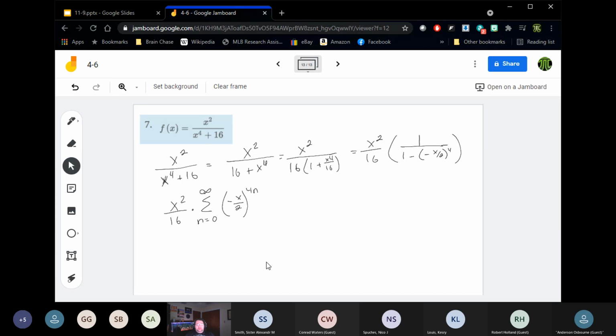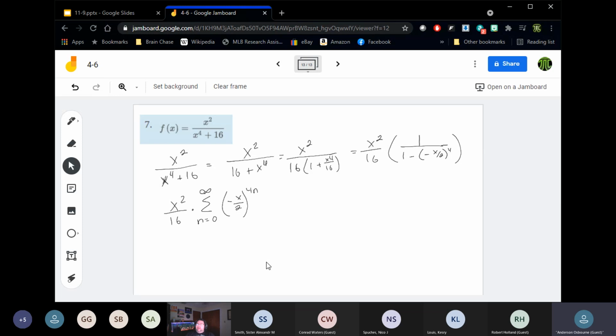I did it with the 4 in the previous problem and 2/3 and everything else, but why can I do it with the x squared? Is it because it's less x to the 4th? Nope.